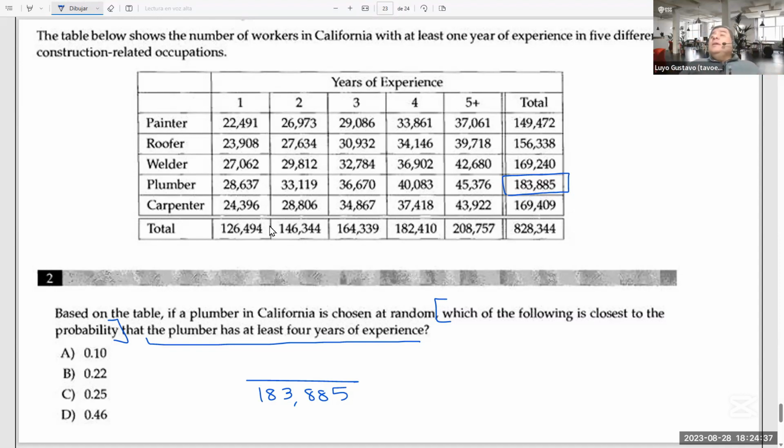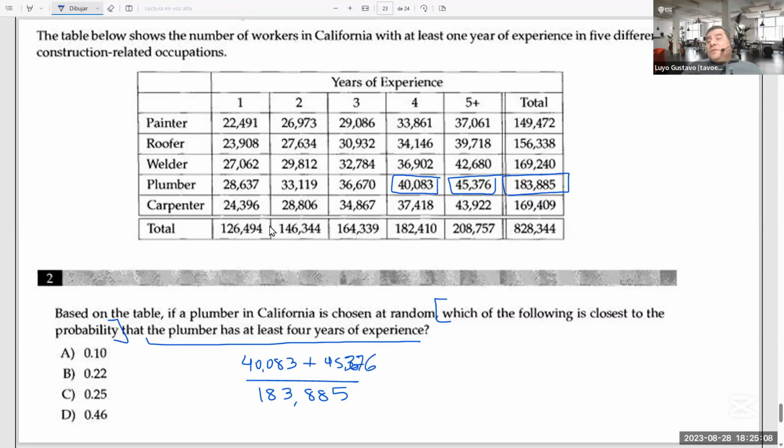So here you can see the plumbers with 4 years of experience, while here you can see the plumbers, a different group, with 5 years of experience. Okay? So because of this, the total number of at least 4 years of experience should be 40,083 plus 45,376.